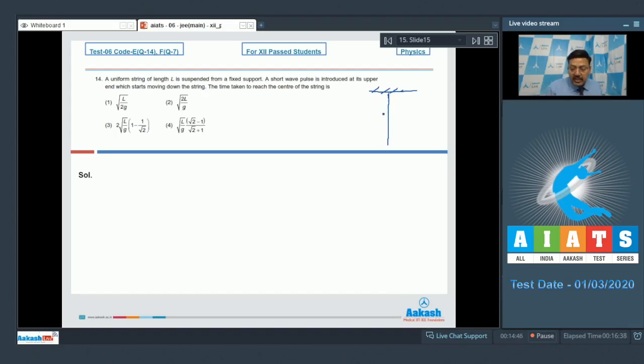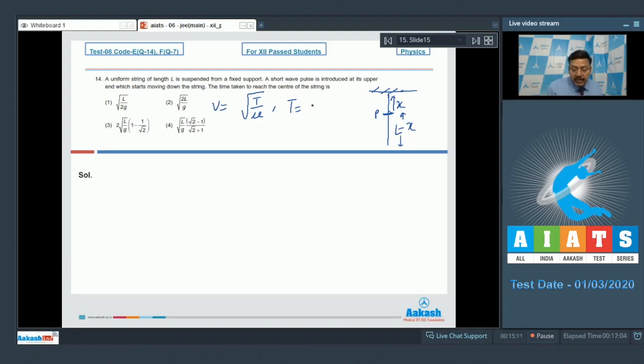Now let's consider a point at distance x from the top. So we need to find the speed at this point. Let's call it point P, and to know the speed, the formula for speed in fact is under root of tension by mu, but this tension is due to the weight of length L minus x, and that is this length.